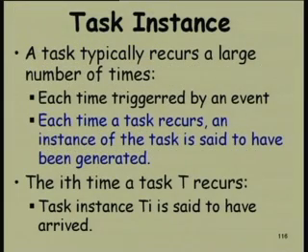And we are looking at these terminologies of task instance. A task instance arises again and again, new instances occur as events keep on happening, and we said we will denote the ith instance, the ith time the task recurs, by Ti.